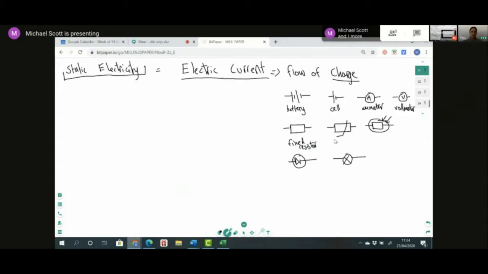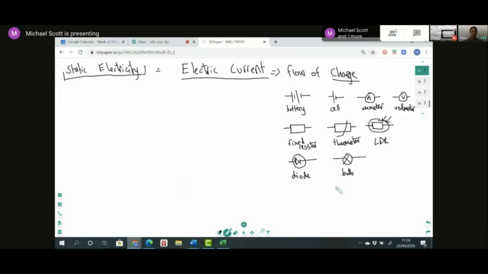We have a thermistor. We have an LDR, and that just stands for a light dependent resistor. We have a diode, and we have a bulb.